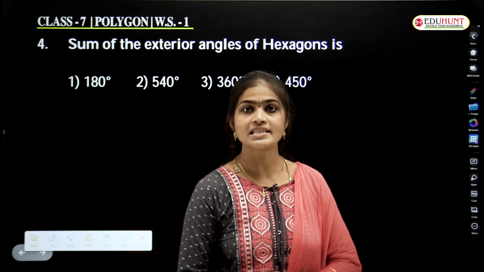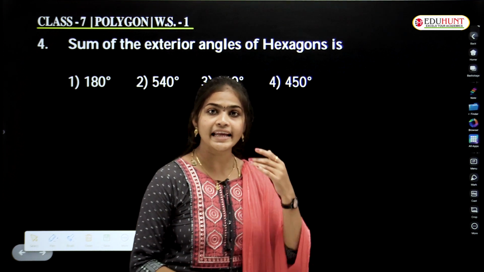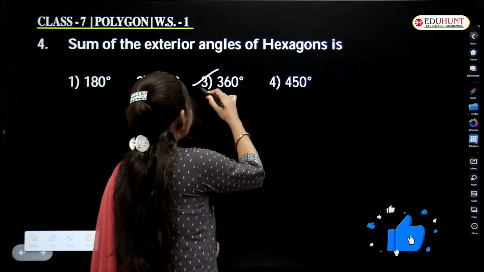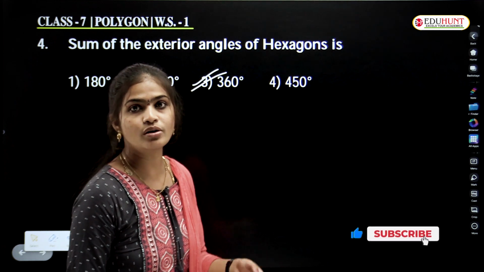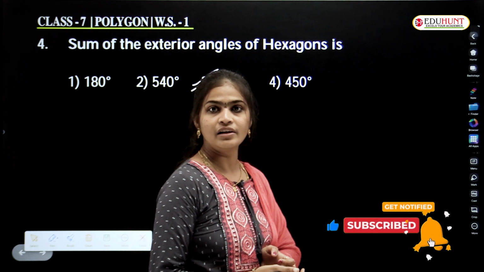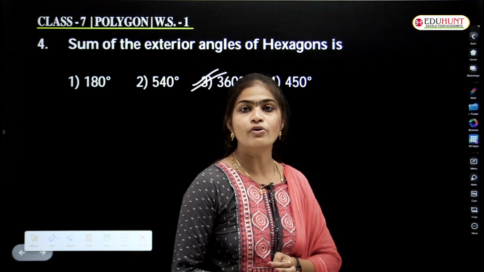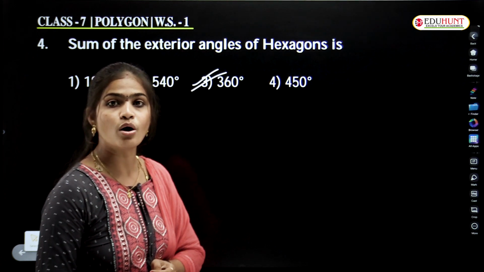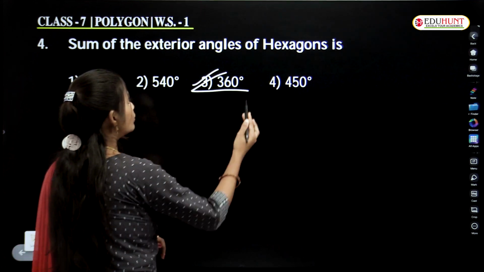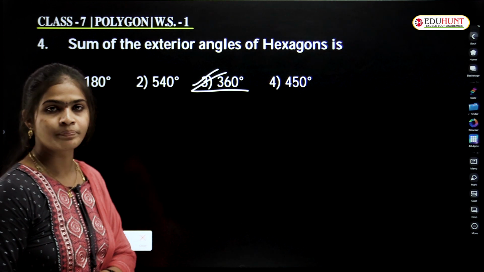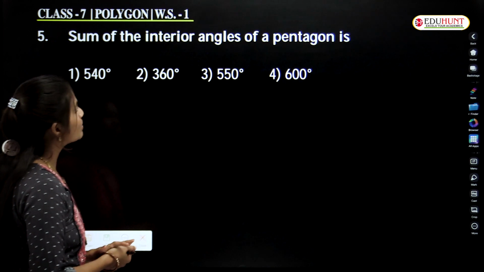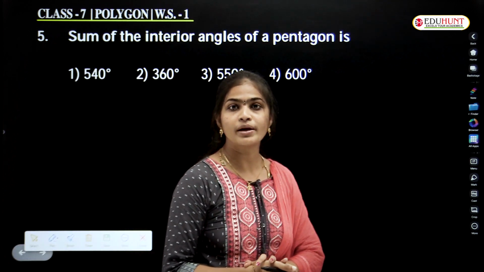We already know that the sum of the exterior angles of any polygon is equal to 360 degrees, whether it is a hexagon, a pentagon, a heptagon, or a triangle. Whatever it may be, the sum of all the exterior angles of any polygon is always equal to 360 degrees.